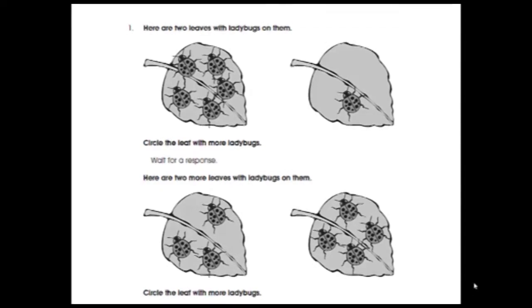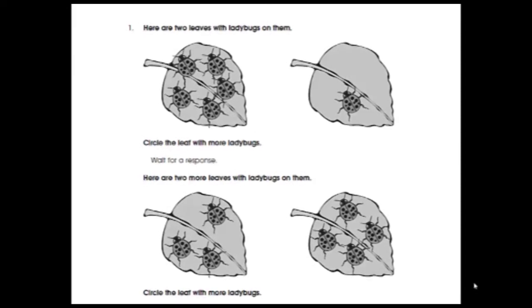But you also want to show them piles of objects or sets of objects that are very different in their number, in their count. So 5 and 1, it's very clear very soon to young children that the leaf on the left has more ladybugs. That's a very easy comparison, and if children have difficulty making that comparison, then that's something to start with in terms of helping them understand what more or less means.